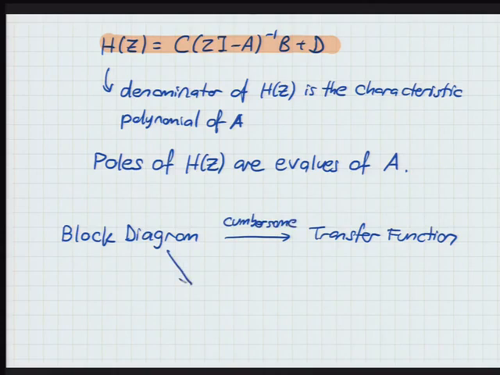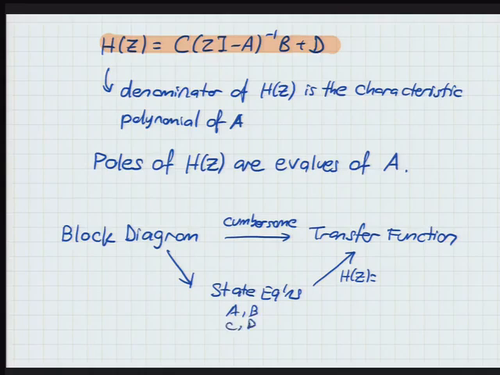Instead, what you can do is write state equations for the block diagram, and we'll talk about how to do that in a second. And then now that you have the state equations, it's easy to go to the transfer function using this formula above. From the state equations, you know A, B, C, and D. And then you apply this formula and you get the transfer function.